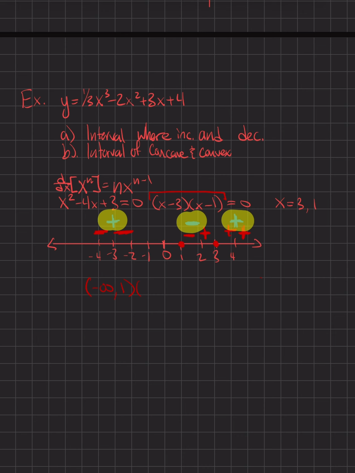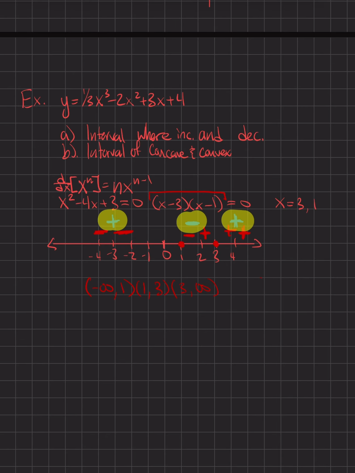So from -infinity to 1, and then 1 to 3, and then from 3 to infinity. Notice how none of these points are included with the 1 and the 3. Of course, with the infinity values, you don't include them. But none of these points are included because if you actually evaluate there, remember those are going to be our critical points, so we can't really say what's going on exactly at that point because it's 0.